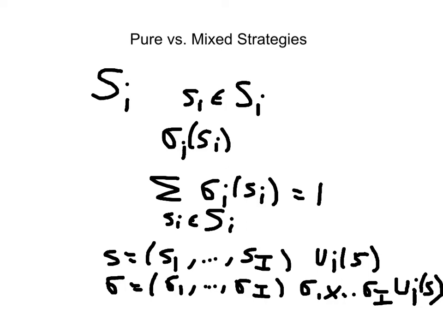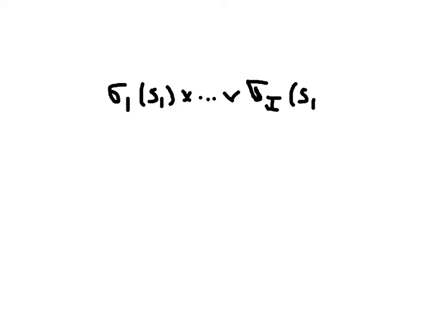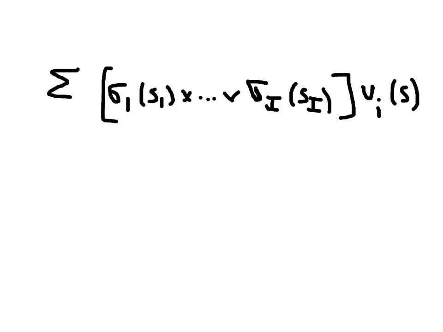Now, if we do this for all possible mixed strategy profiles, okay, so we have multiplied together probabilities that pure strategies get played, and that probability is in turn applied to the utility of the payoff for player I, given the pure strategy profile.